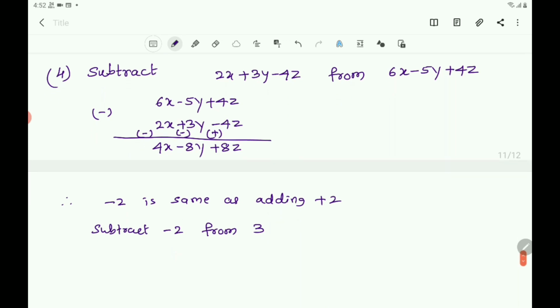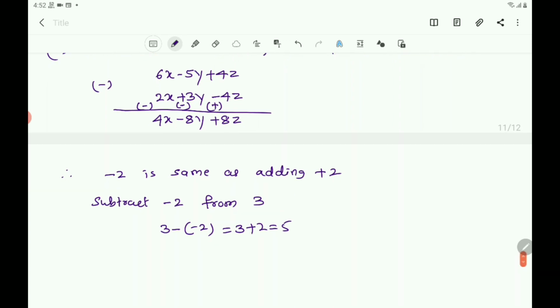You write 3 minus of minus 2, then it becomes 3 plus 2 equals 5. Similarly, subtracting 8y is the same as adding minus 8y.